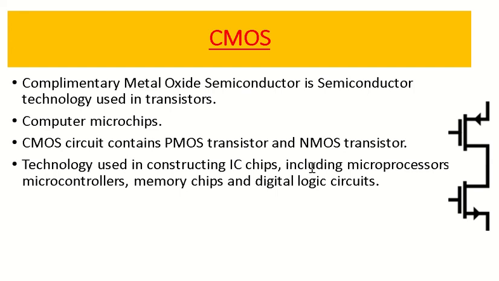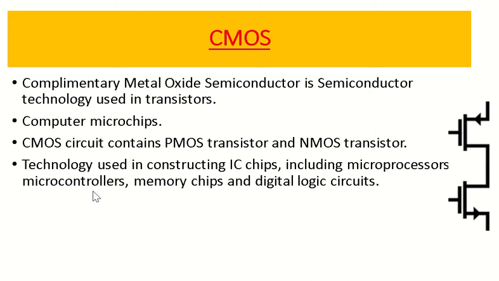The technology is used, as I already told, in constructing IC chips, including microprocessors, microcontrollers, memory chips, and digital logic circuits also. So CMOS has lots of applications, due to which it has gained a lot of importance nowadays. Without CMOS, it's basically unimaginable how circuits would be constructed or how manufacturing would be done.